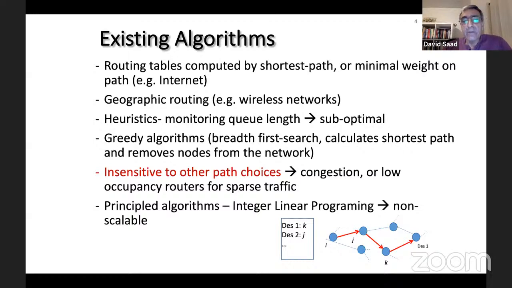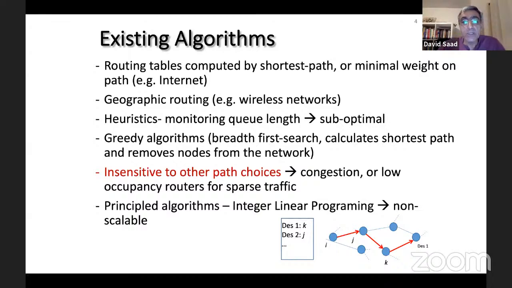There are greedy algorithms. The problem with all of these methods is that they are insensitive to other path choices. That means each one of the routing choices is based on all of the other routes as background. So you may inadvertently route many different routes through the same edges because when you are doing the routing calculation, there is nothing there, and then you overburden specific edges.